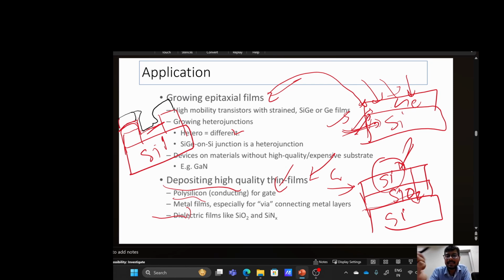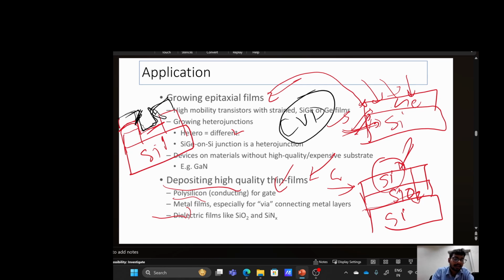In that case you will use CVD, because a conformal growth will happen. Conformal, I just told you, means this will follow the step. So in that case you do not want any breaking of the metal at this position. You do not want a breakage. In that case you will use this CVD. Otherwise your device won't work.